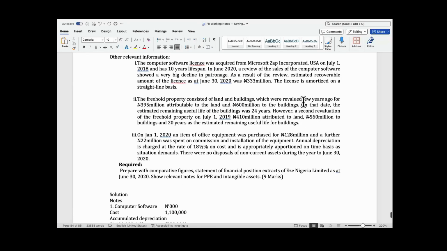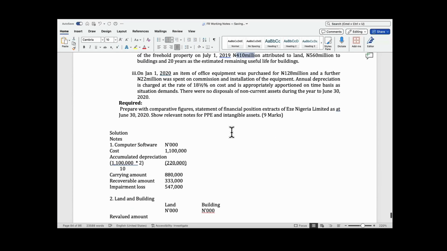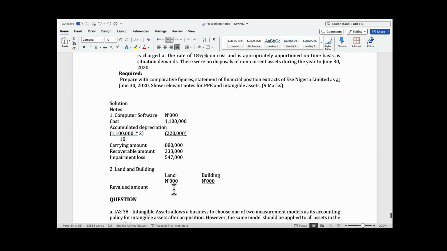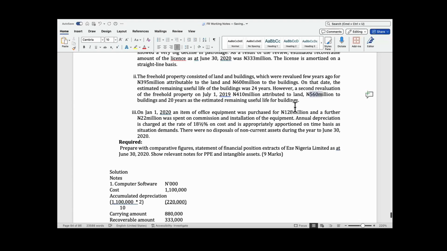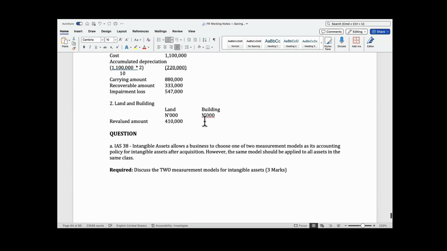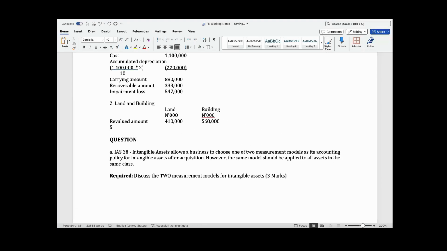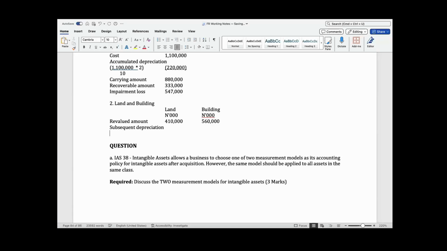As at the beginning of the year, the land is now how much? 410 million. The building, 560 million. So what is the subsequent depreciation? You know that depreciation is going to start over again. For the land, it is not depreciated.